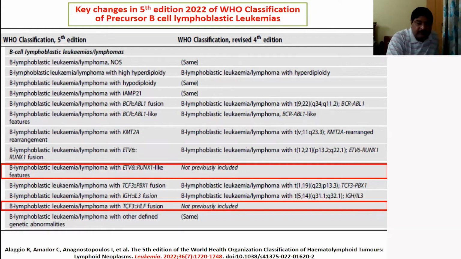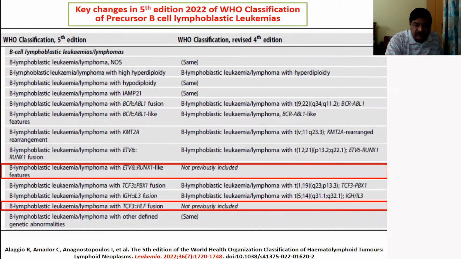And finally, you have a category called ALL with other defined genetic abnormalities. So they have a scope in which, if you find some defined, repetitive, consistent cytogenetic abnormalities in this disorder, you will put them in this category.